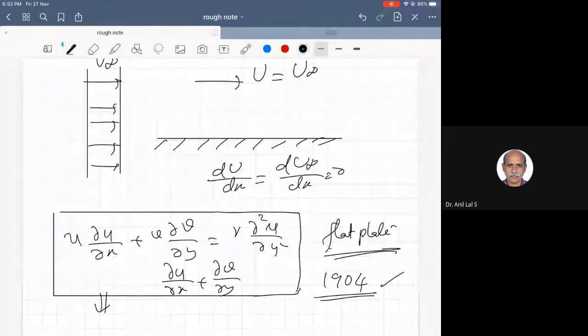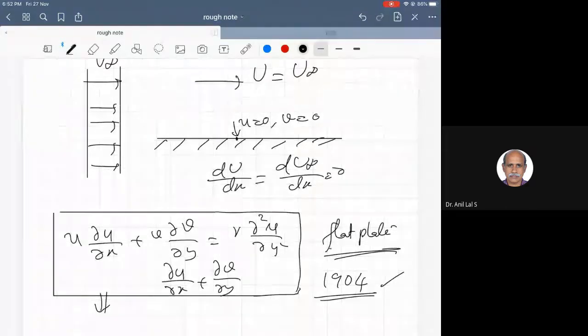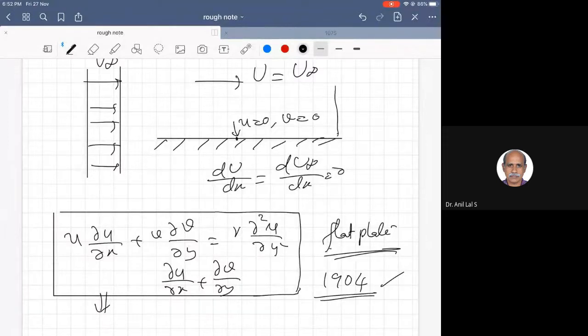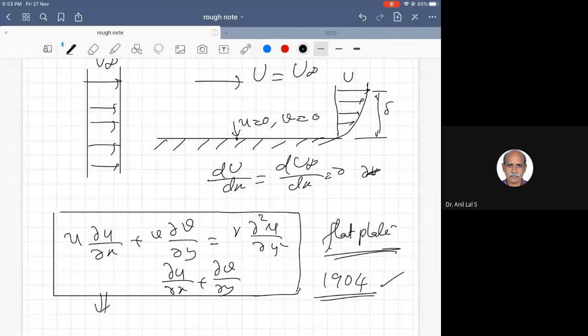With some boundary conditions. The boundary conditions are the no-slip boundary condition: u is equal to 0, v is equal to 0 on the wall, and then you have a velocity boundary layer with velocity U at the edge of the boundary layer. So at this distance, dou u by dou y is equal to 0 at y is equal to delta.